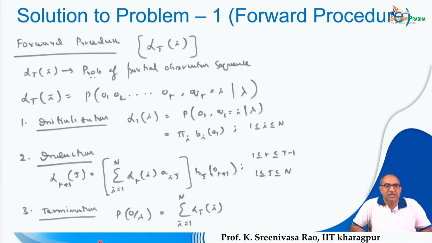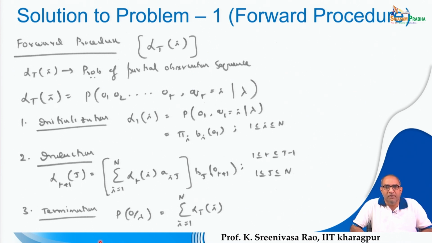In the last class, when we discussed the basic problems in HMM, there are three problems. The first problem is an efficient way of solving the probability of the observation sequence given the model, that is P of O given lambda. The second problem is, given the observation sequence and the model, to find the optimal state sequence that is generating the observation sequence.